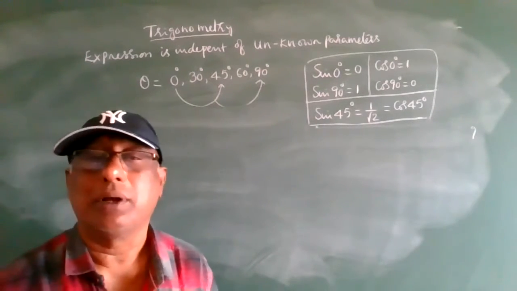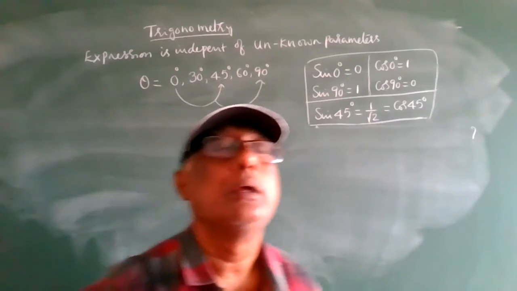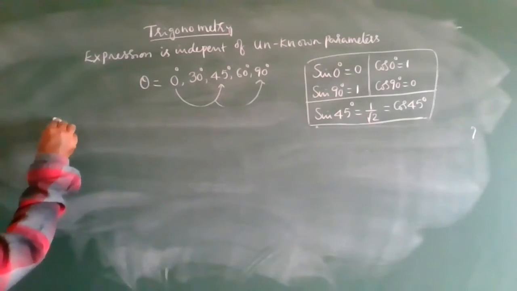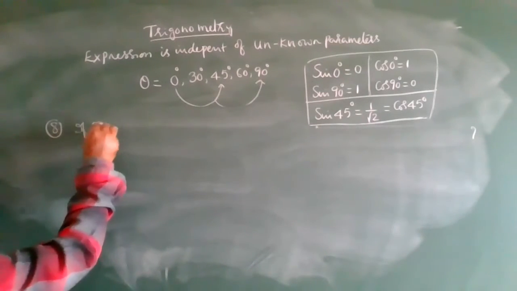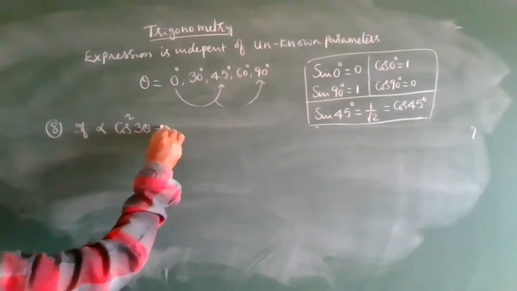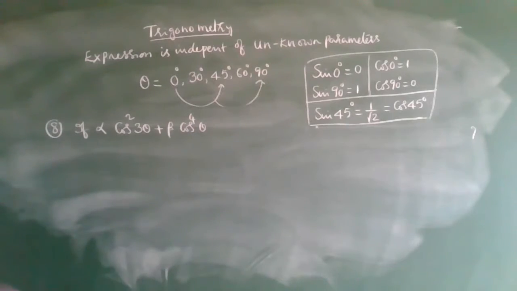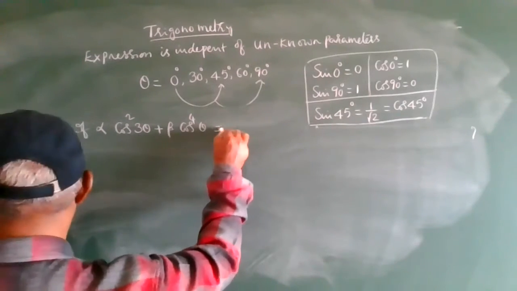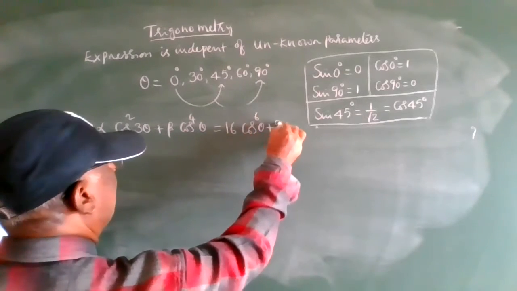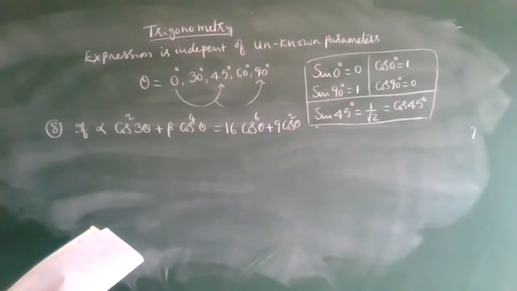Eighth problem is, if alpha cos square of 3 theta plus beta cos power of 4 theta plus is equal to 16 cos power of theta plus 9 cos square theta, what is the value for this one?